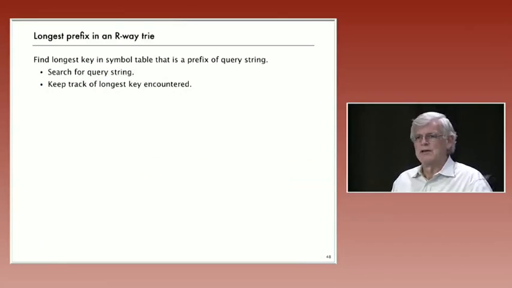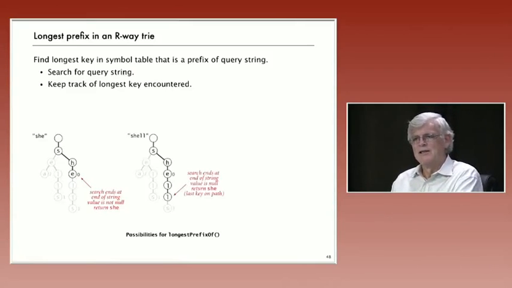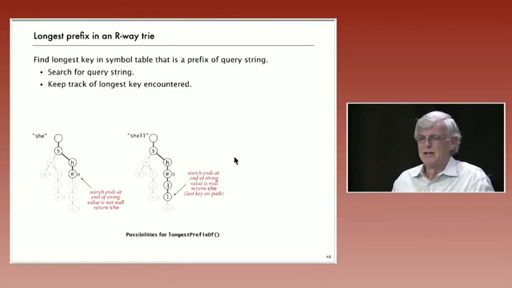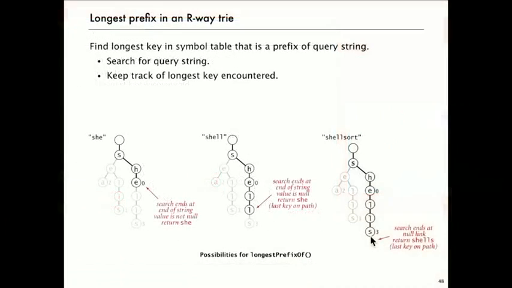So what does it look like in an R-way trie? Well, all we're going to do is just do a search, and then we're going to keep track of the longest key that we encountered. So we have a path, and on that path, there's the most recently seen value. That's the longest key that we found. If we end at a null link, that's fine.